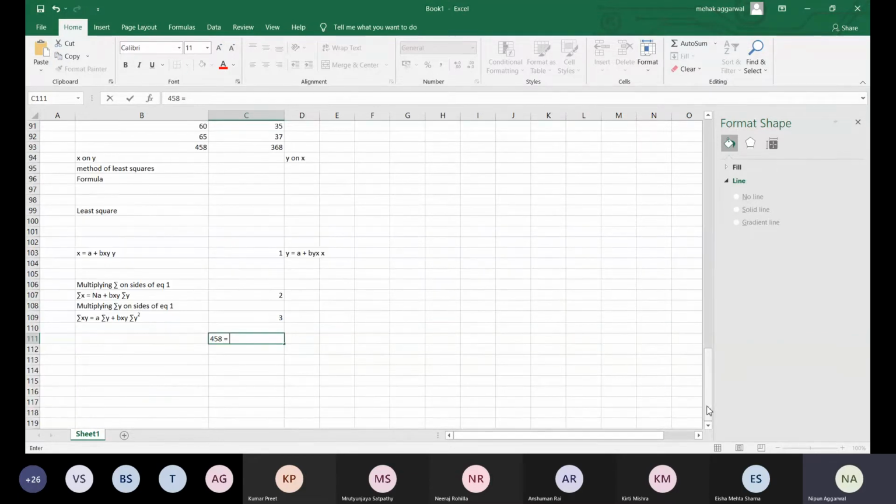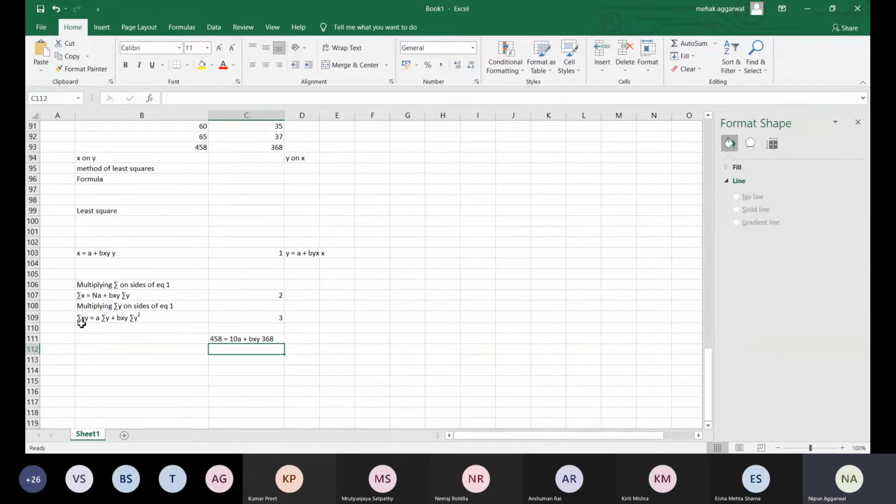So which becomes 10a plus bxy into summation y. Summation y is 368. This becomes your second equation. So 458 is equal to 10a plus bxy into 368.